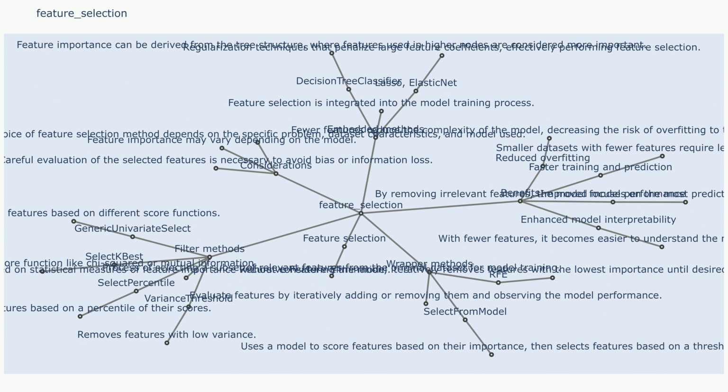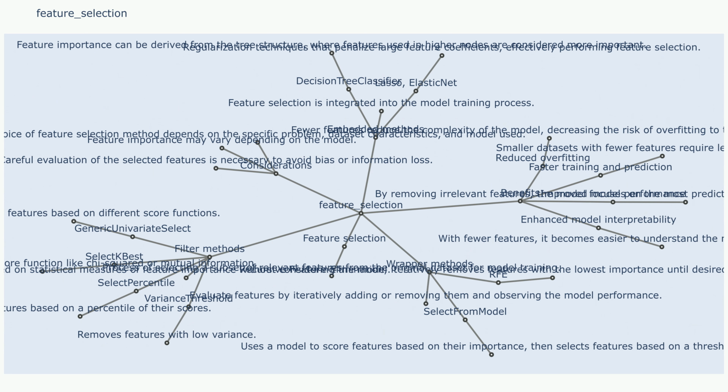The feature_selection module contains various methods for feature selection, categorized as filter, wrapper, and embedded techniques. The SelectKBest class selects the top K features using various scoring functions, e.g., chi-squared, ANOVA F-test, mutual information.